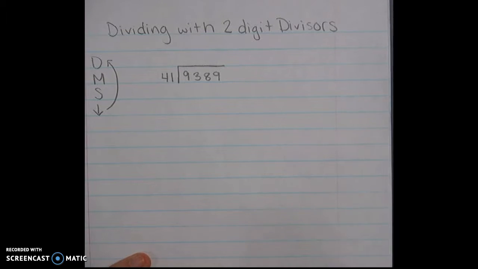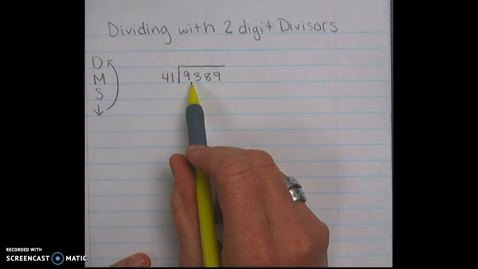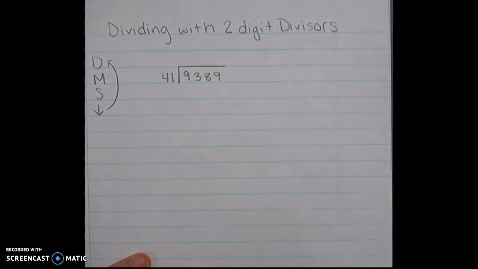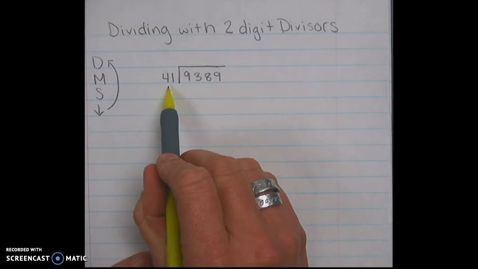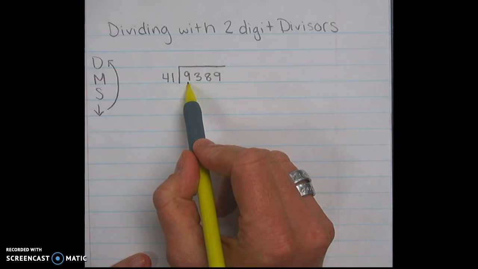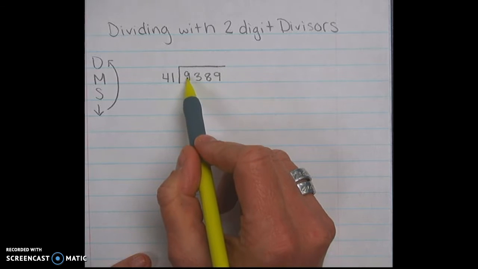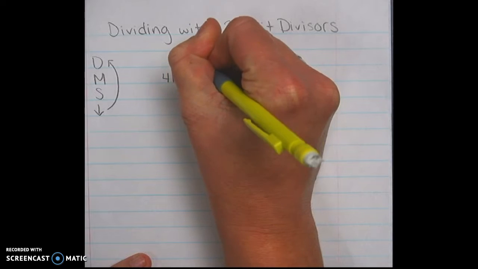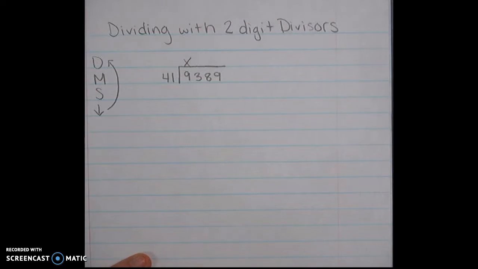So when we tackle a problem like this, we're dividing 9,389 by 41. One thing you also need to consider is that most often when you have a two-digit divisor, your first place value available, which is the thousands in this number, is probably not going to go in because it's only a single digit and we've got a 2, so automatically you know that you can box out the thousands place.